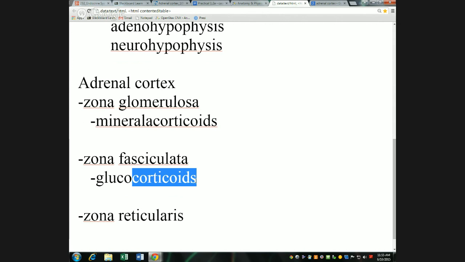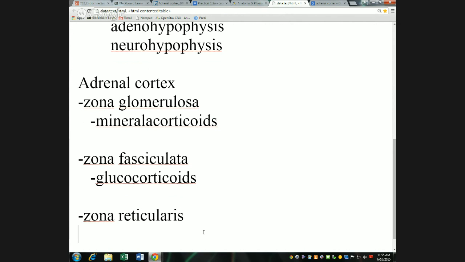So glucocorticoids are responsible for regulating some aspects of glucose metabolism. Now, we just talked about insulin and glucagon, which have to do with glucose levels in the blood. But these are going to be hormones that regulate what cells do with glucose, and to some degree, what the liver does with it too.